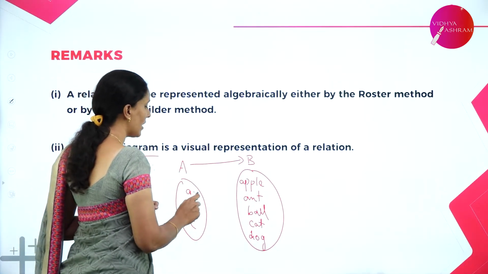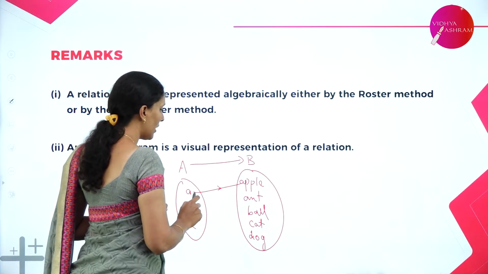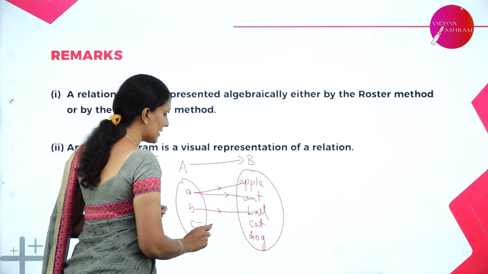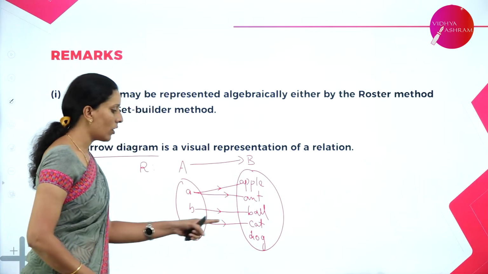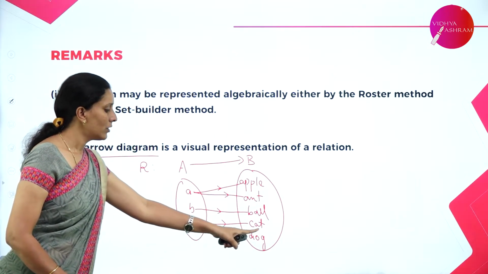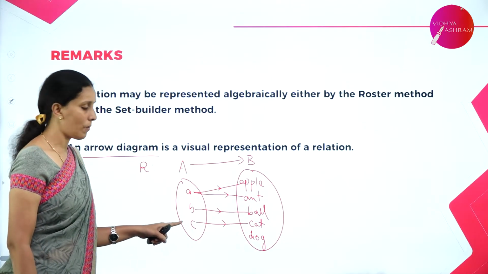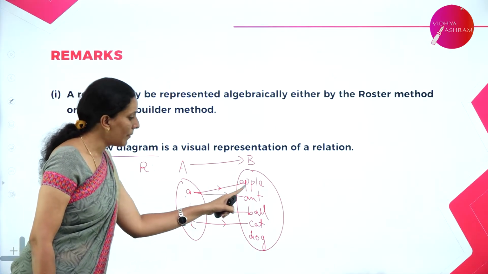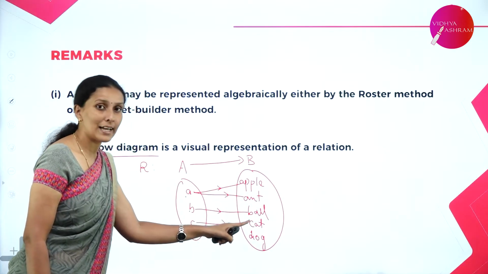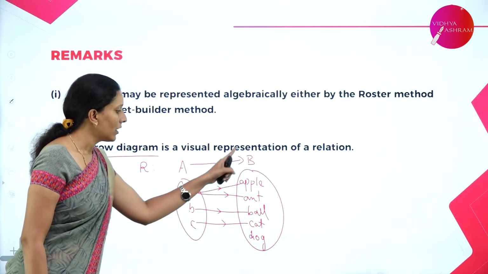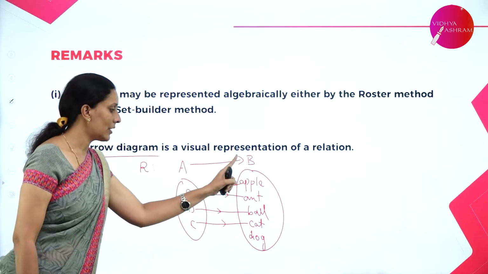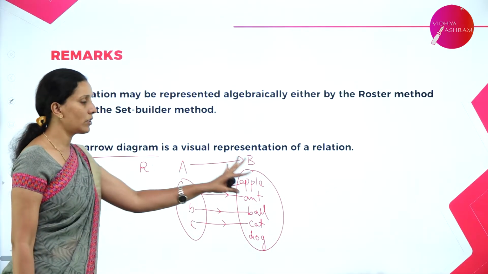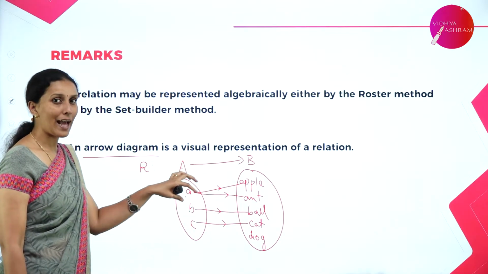Thus we have a related to apple, a related to ant, b related to ball, c related to cat. There is no element in the domain set with the letter d for dog. Thus we call a, b, c the domain, apple, ant, ball, cat the range, and the complete set B, that is apple, ant, ball, cat, dog, the codomain. So this is the visual representation which is called an arrow diagram.